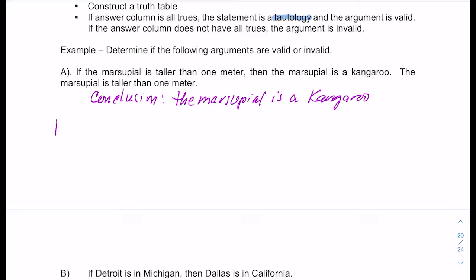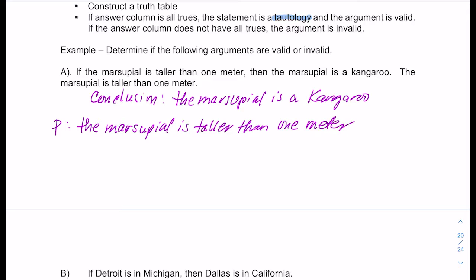Now we're going to determine whether that's valid or not. P is going to be the first part of the statement: the marsupial is taller than 1 meter. And Q would state that the marsupial is a kangaroo.